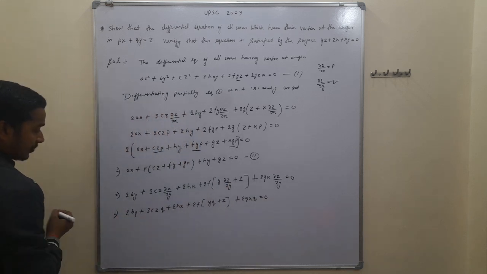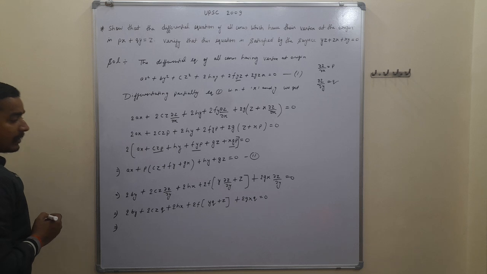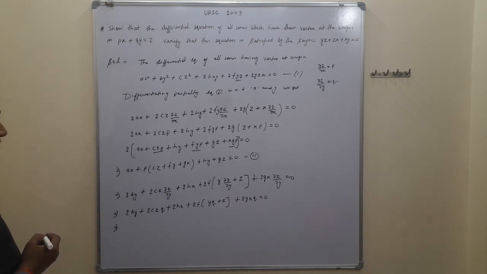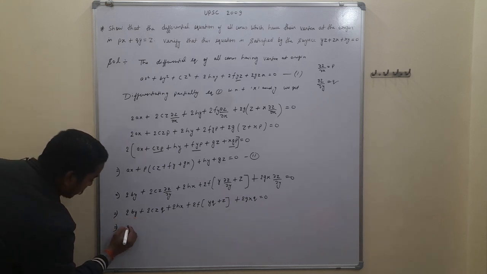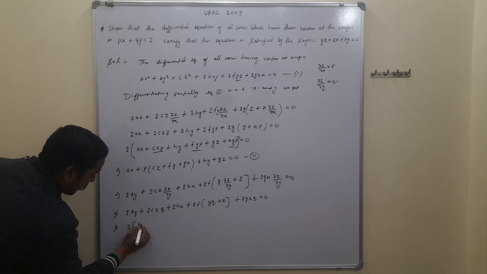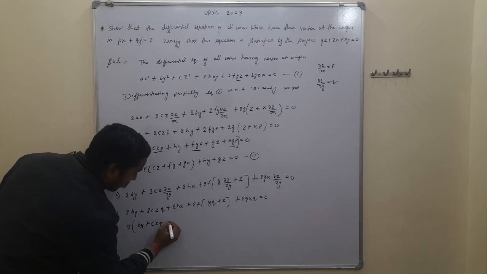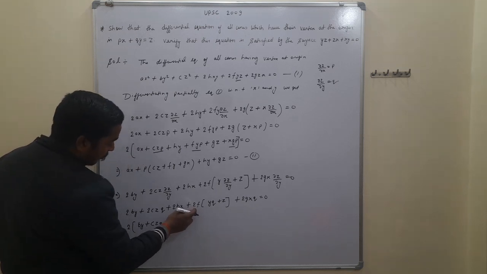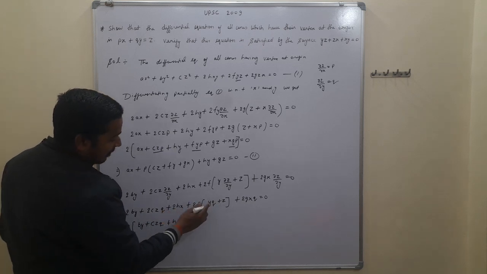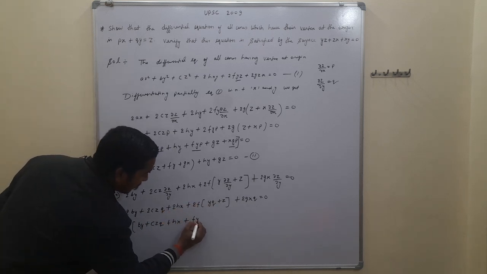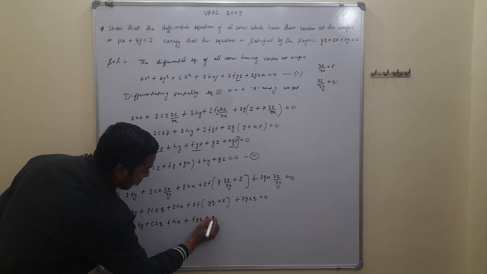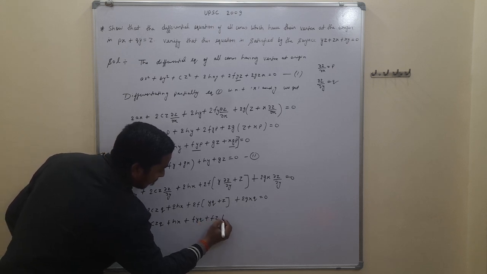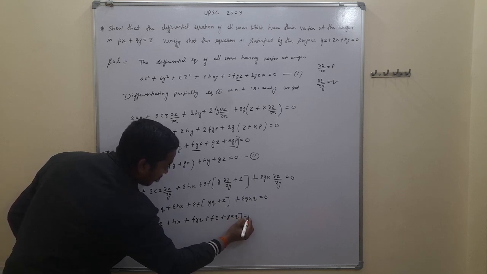Further we can take 2 common from the left hand side, this gives 2 taking common, this is by plus czq and plus hx, and plus, taking 2 common and multiplying f with this bracket, this gives fyq and plus fz and plus gxq is equal to 0.